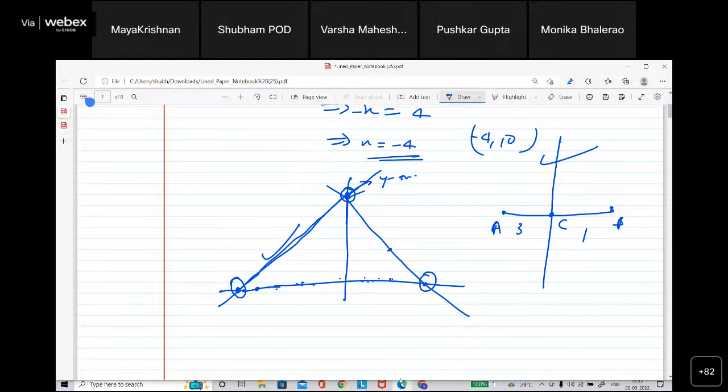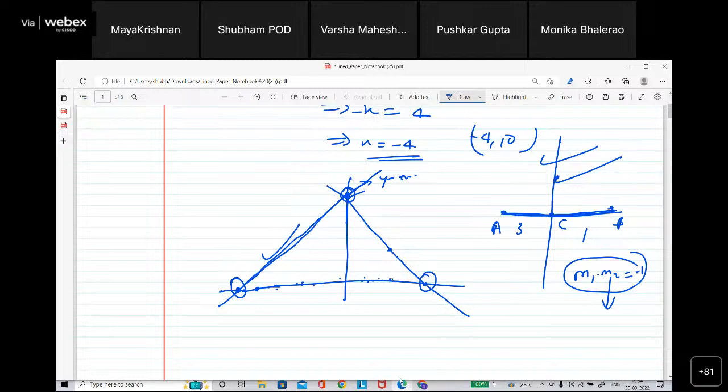What you can do is find the slope of the line which passes through AB, and using the formula m1 times m2 equals -1 for perpendicular lines, you can find the slope of this line.